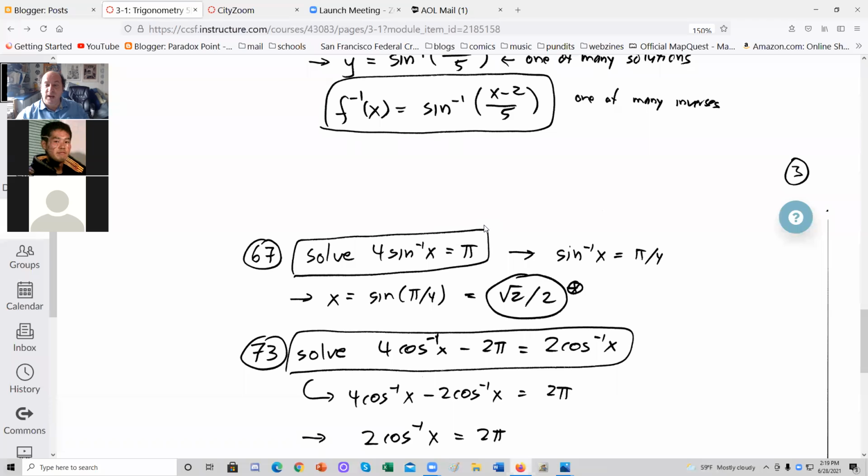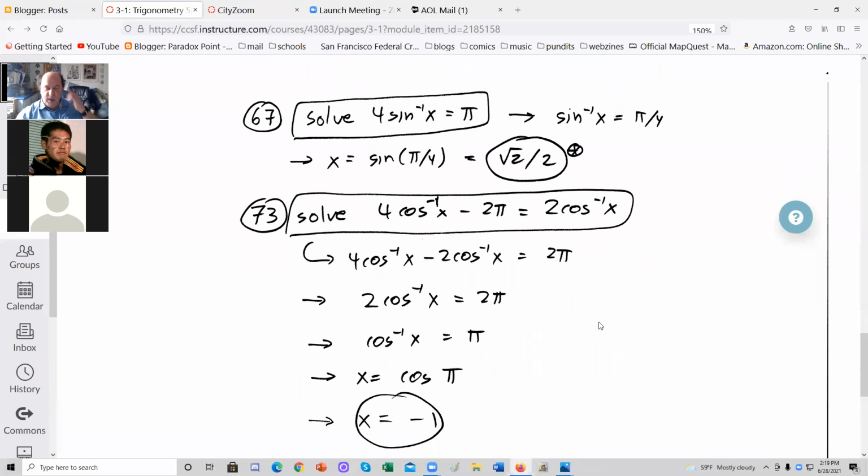Solve 4 arc sine x equals pi. Well, divide by 4. Arc sine x equals pi over 4. All right. So therefore, x is the sine of pi over 4, which is, if you do it, √2 over 2. Here we have 4 arc cosine x minus 2 pi equals 2 arc cosine x. Solve for x. Well, okay.